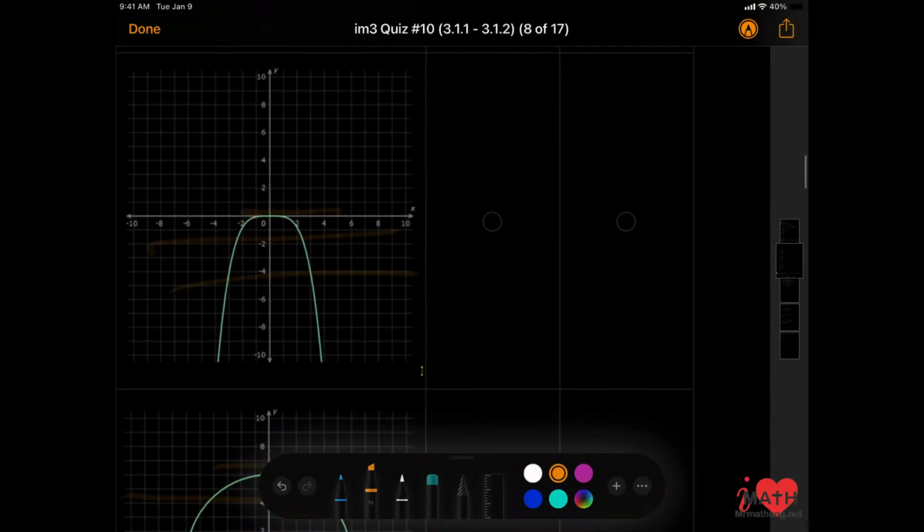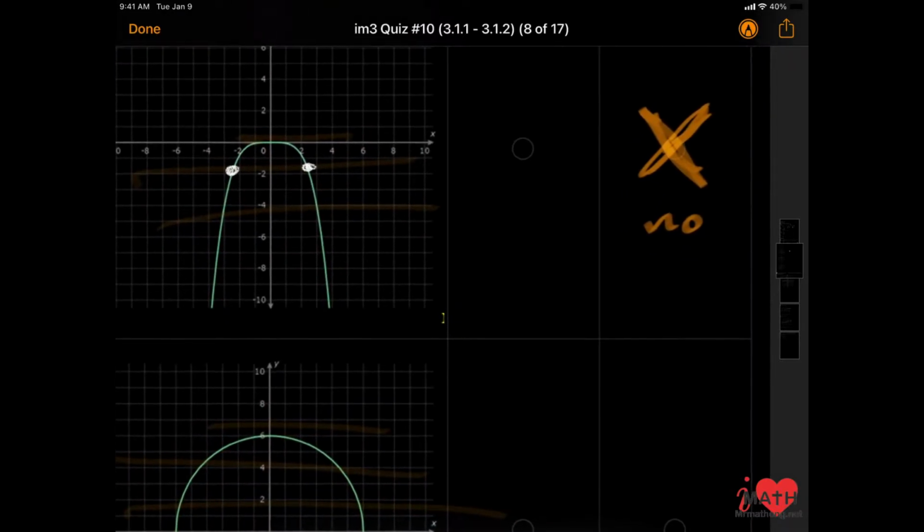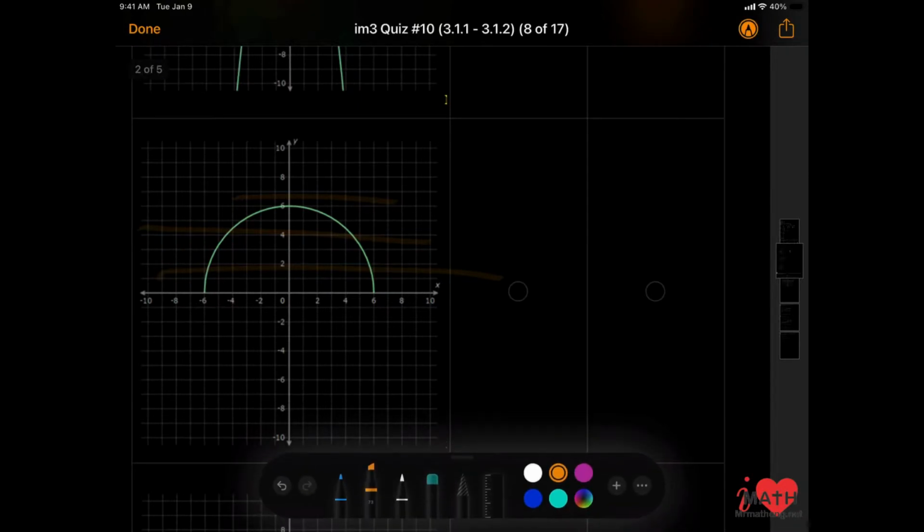Let's take a look at this one right here. If I just chose this one, that's 2 dots, so that would be a fail. So the answer for that one would be no. It fails the horizontal line test, so you can't take the inverse. It's not invertible. Let's take a look at this one over here.